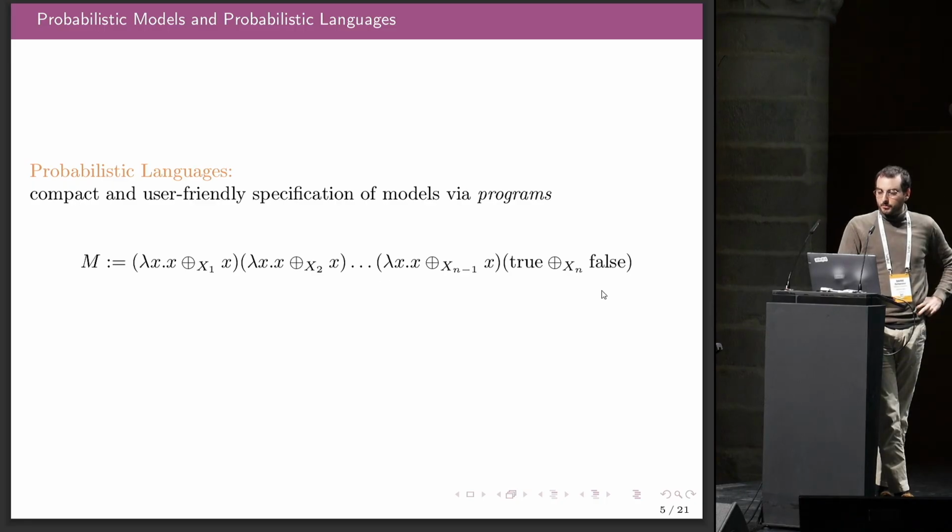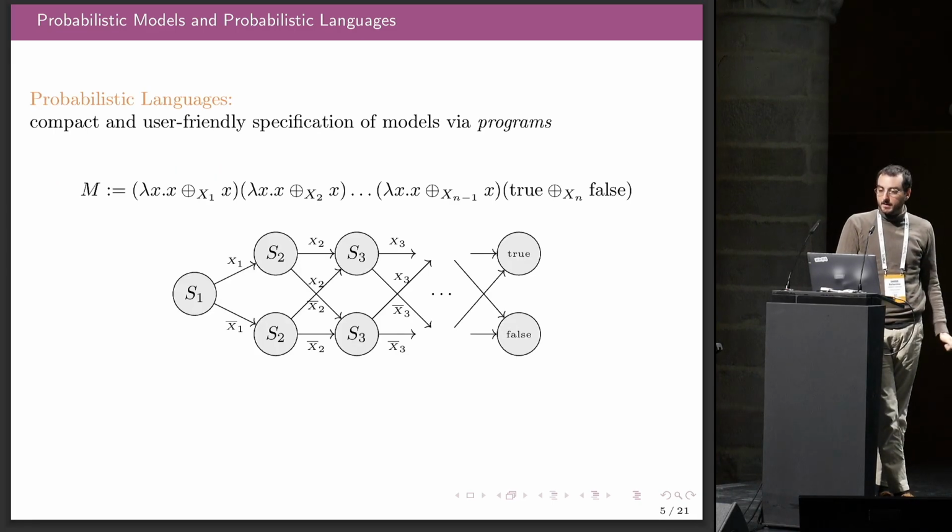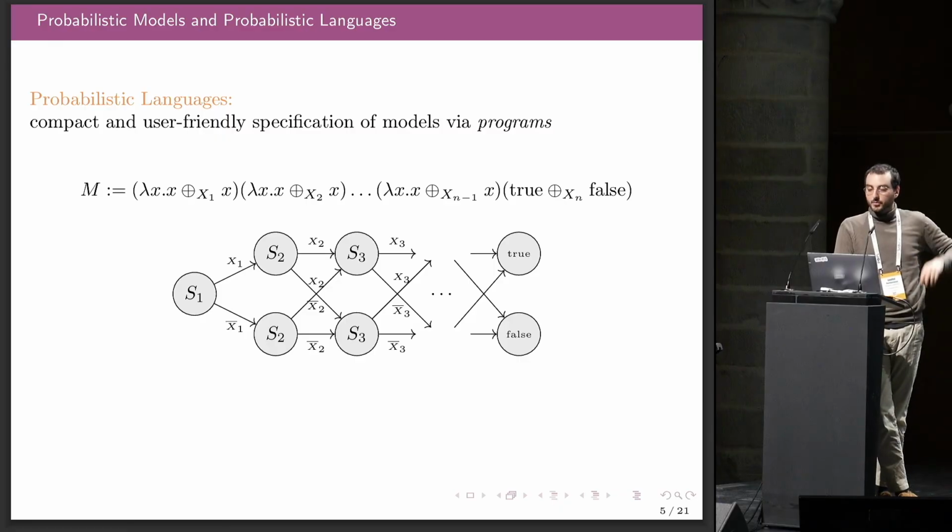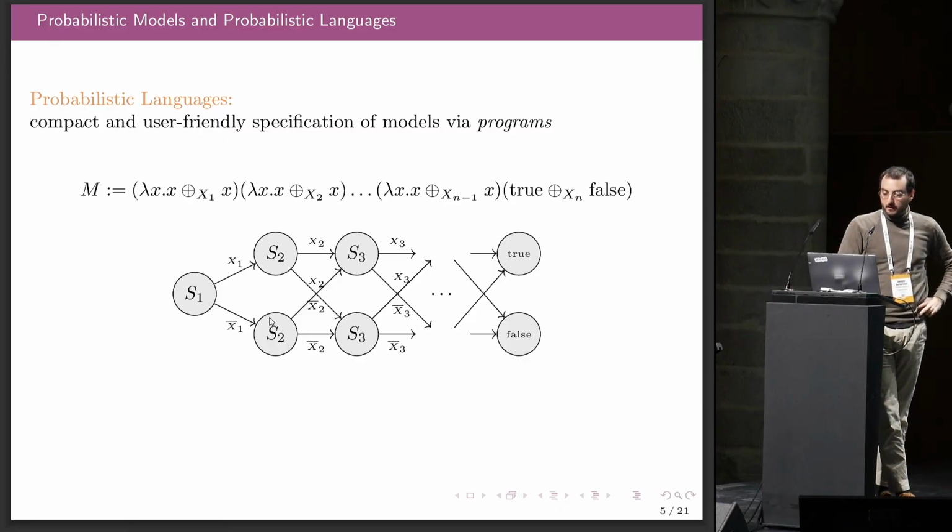If you would execute this language, for example, in a call-by-name reduction strategy, you would see that you have to perform n coin flippings, and if you record all the possible branchings that you can take, you would end up with a model which looks like the previous one. I'm using this x bar to indicate the complementary of x.